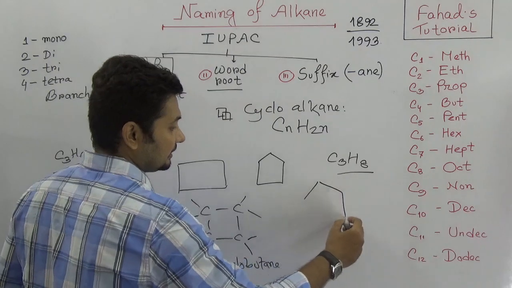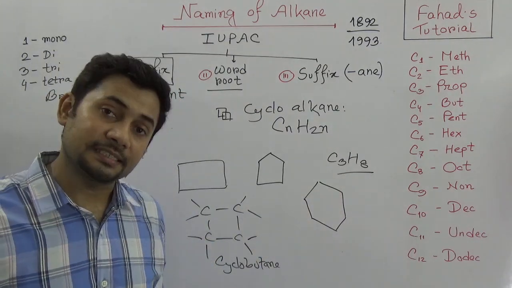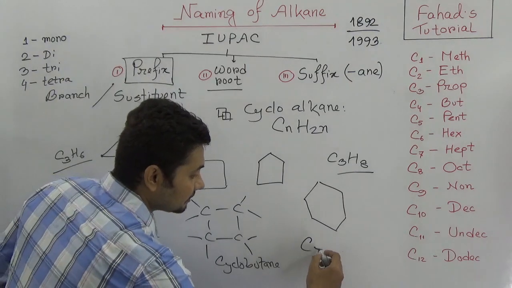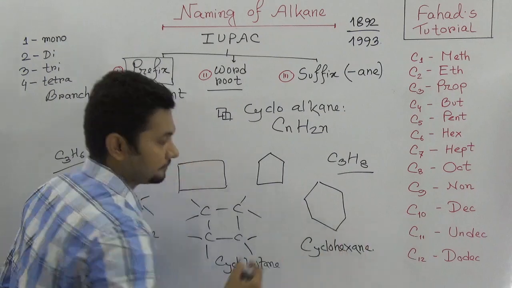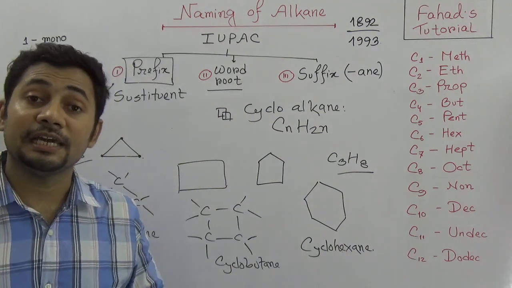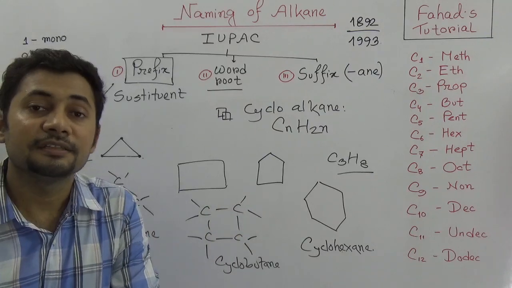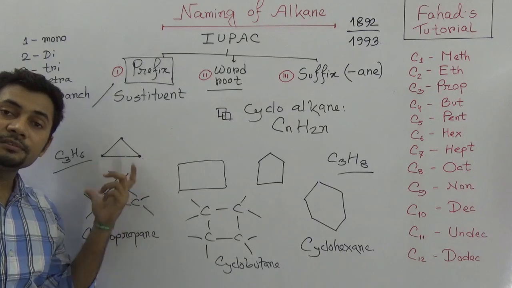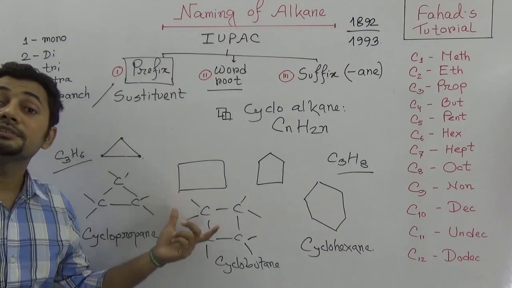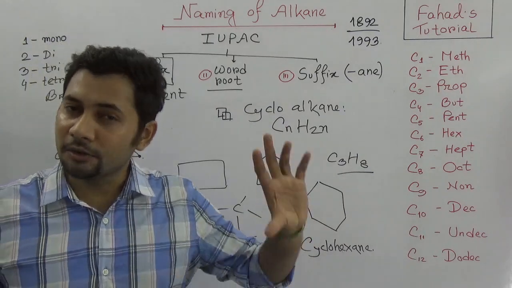If it goes like this, then it should be cyclohexane. According to the cycloalkane process, we just count the number of carbons.